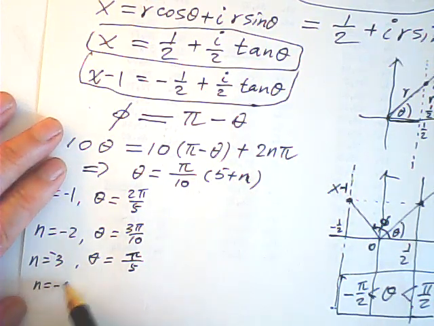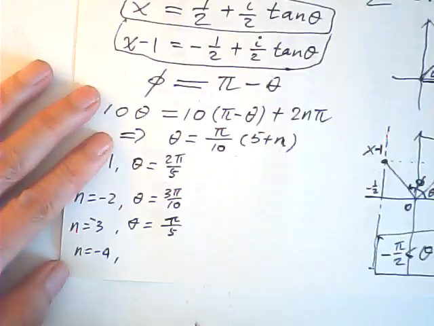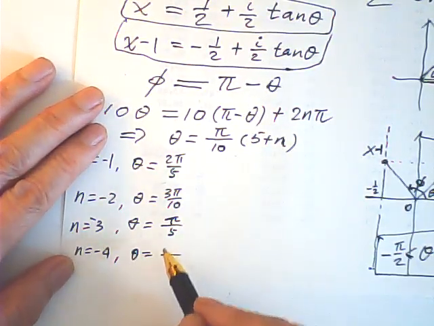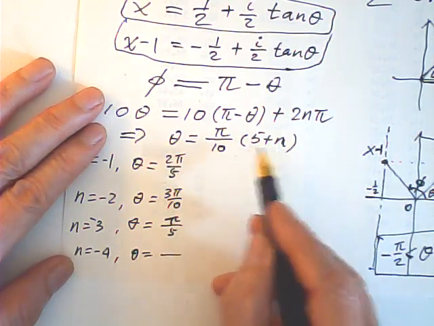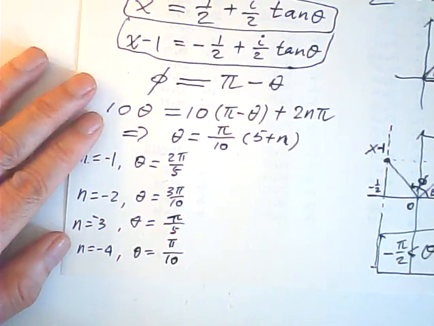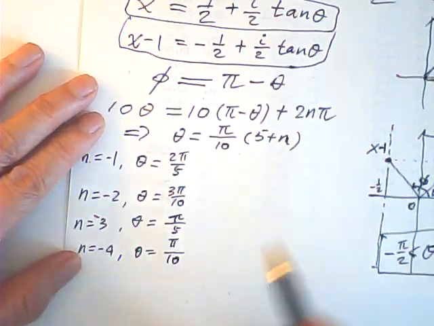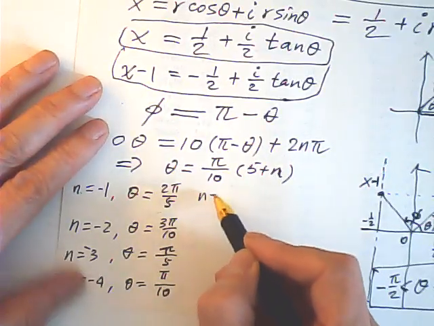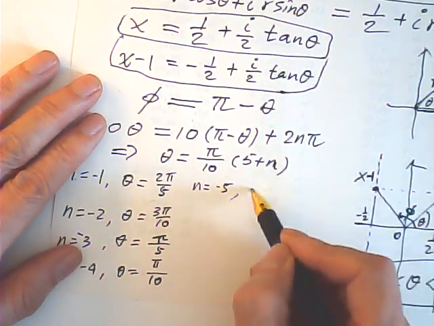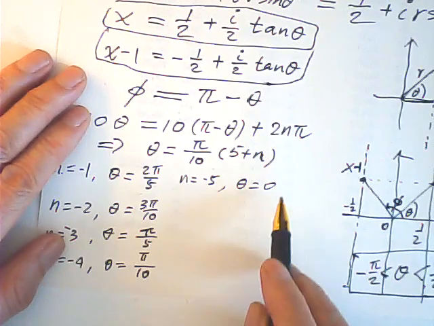N equal to negative 4, theta would be equal to 1 over 10 pi. N equal to negative 5, theta will be 0.